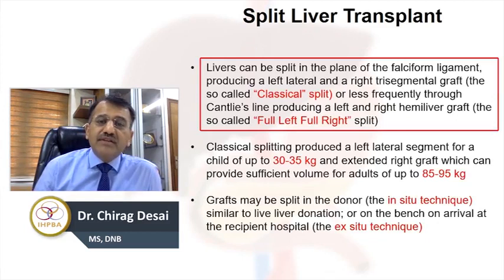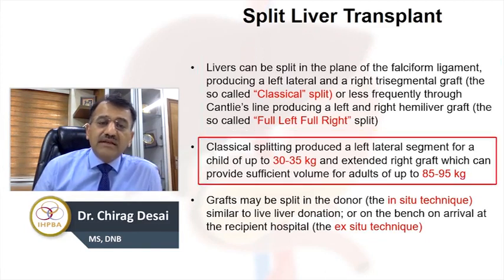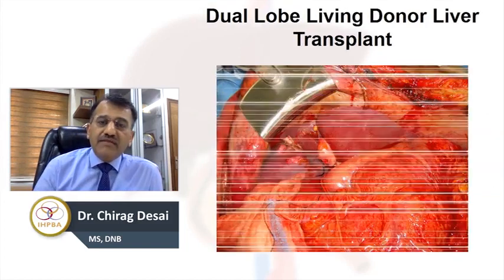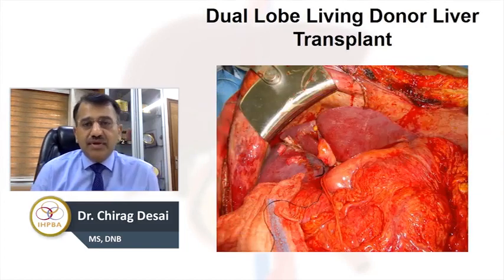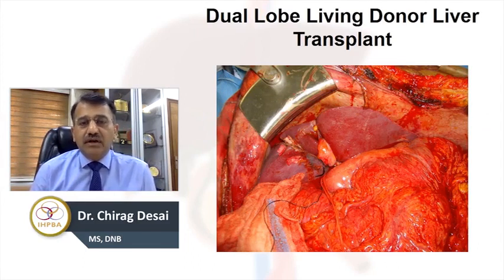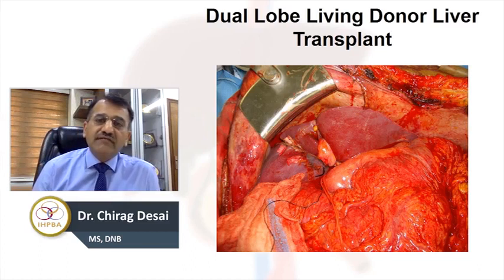Liver can be split in a planned fashion, and classical splitting produces a left lateral graft where the left lateral segment is given to a child and the remaining liver is given to an adult. In the living donor liver transplant setup, many times the available donor from the family has a liver volume which is not enough for the recipient.